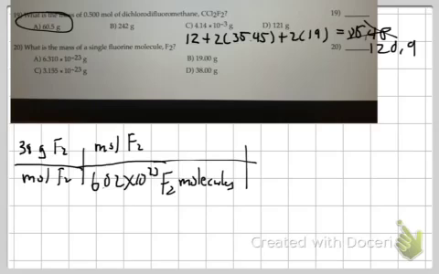So it's just 38 divided by Avogadro's number. So 38 divided by 6.02 exponent 23 is going to be 6.31 times 10 to the minus 23, and that's that one. And that's A. So there you go.